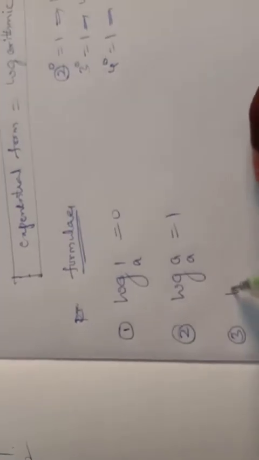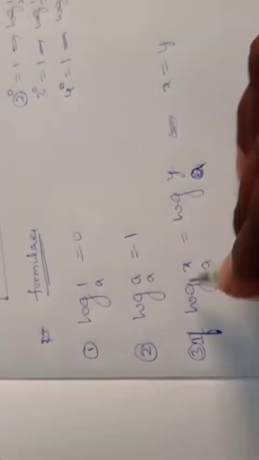Third one, if log x base a equal to log y base a, then x equal to y. The bases of the logarithm are equal, then x equal to y.